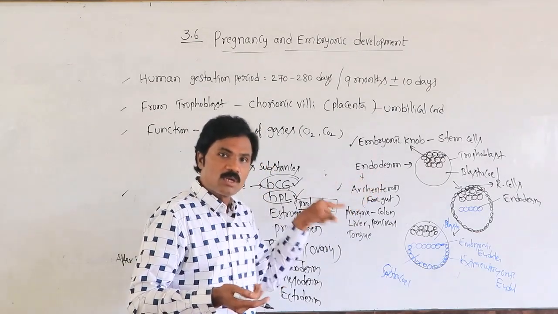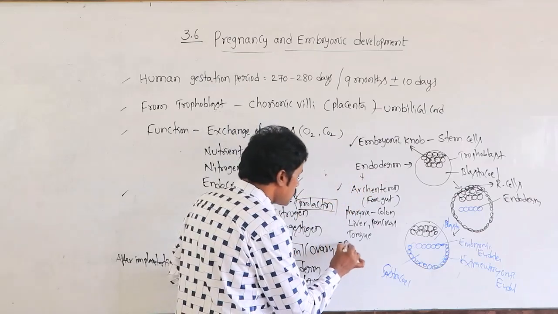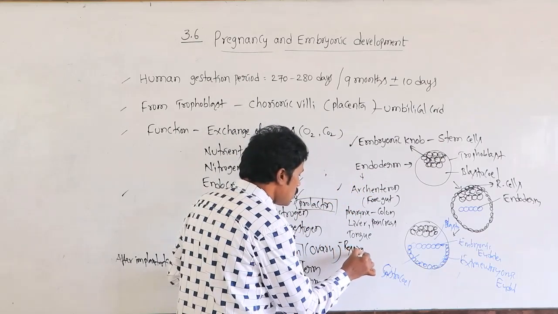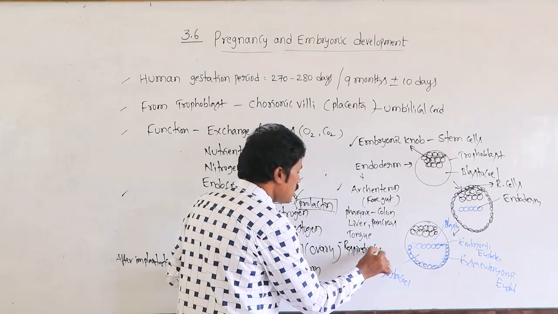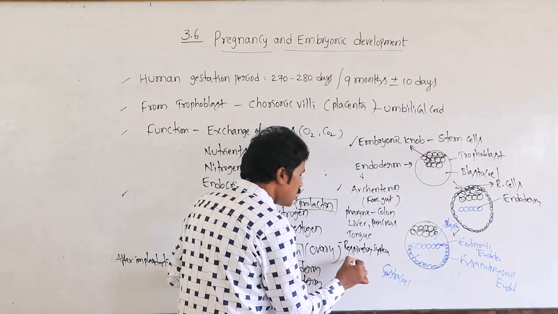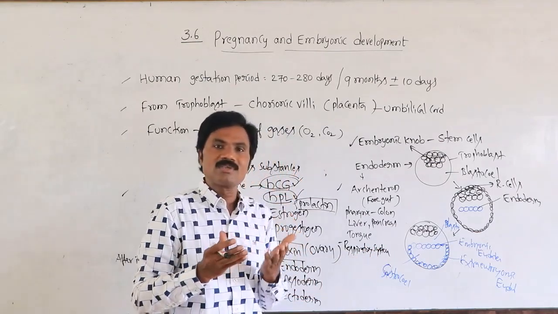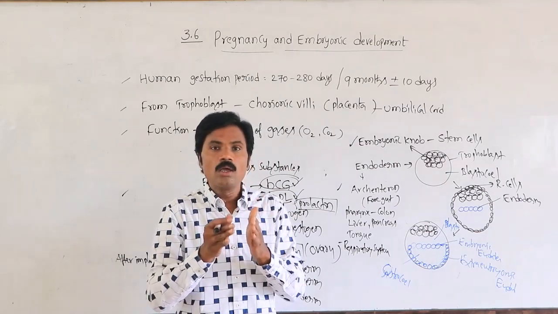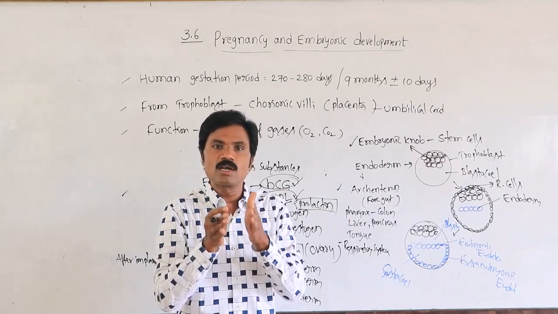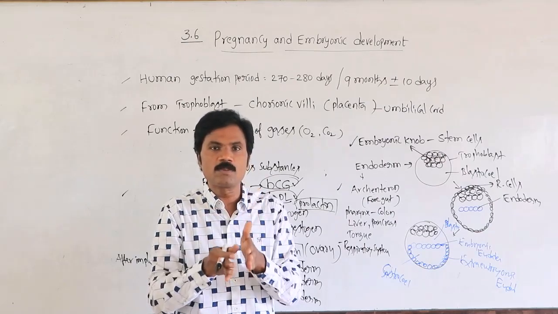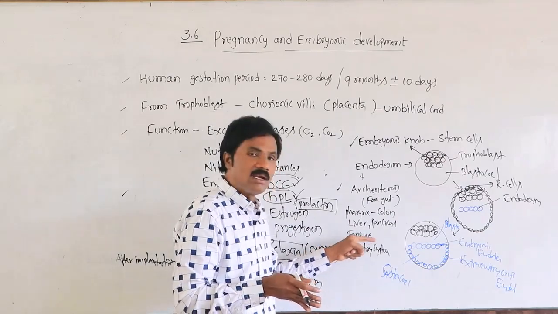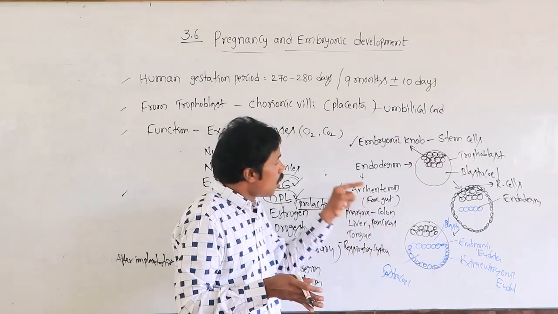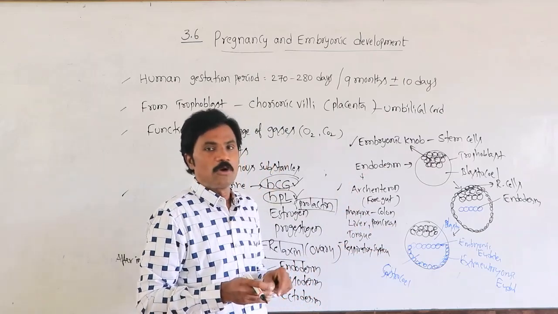Then, apart from this, the respiratory system. What are the respiratory organs? Almost all organs like lungs, bronchi, bronchioles, whatever respiratory organs and tissues are present, also originate from endoderm only.